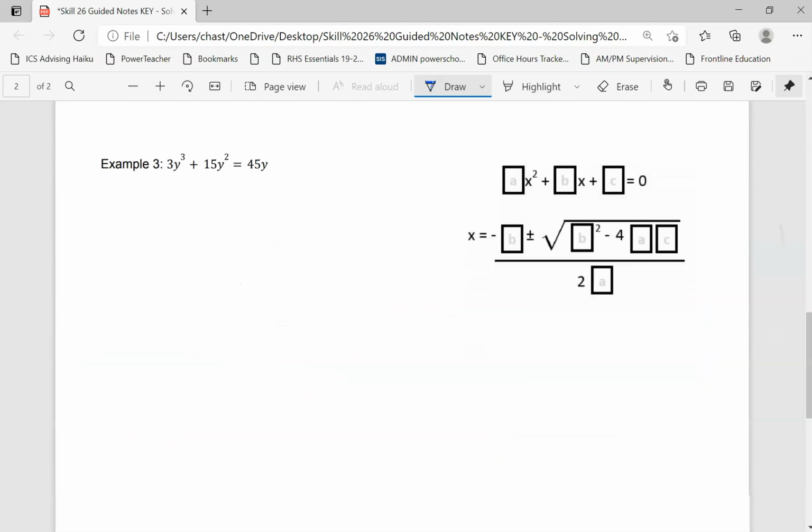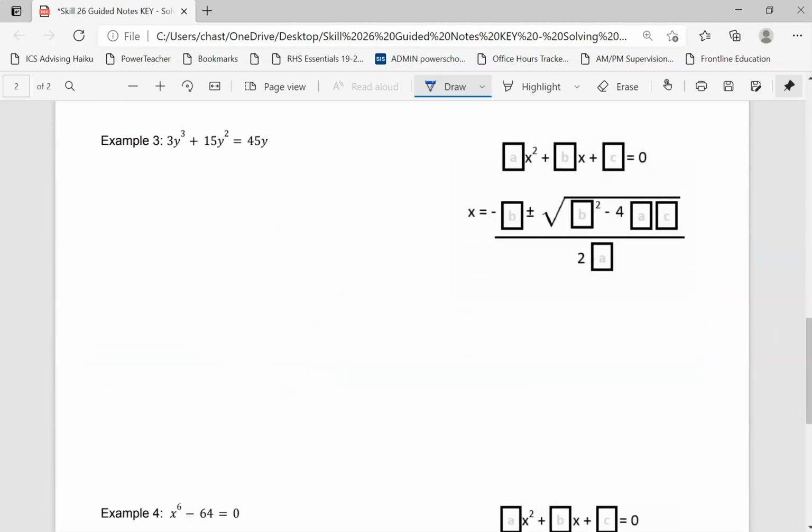All right, going on to another example. For this next example, I need to first make one side be 0, so I have to subtract 45y on both sides, and there's no like term to subtract that from on the left side, so I'll just put it at the end. I get 3y cubed plus 15y squared minus 45y equals 0.